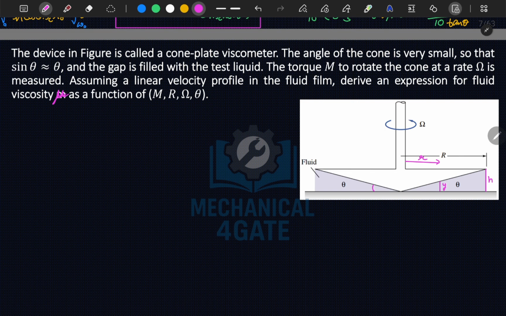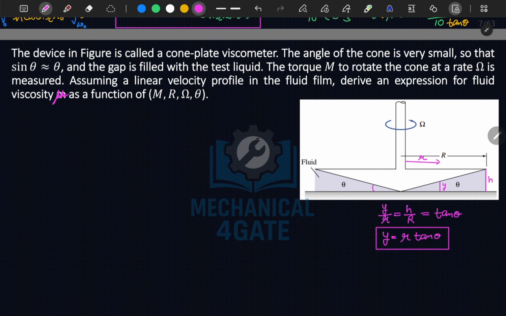From similar triangles, we can write y upon r is equal to h upon capital R. And if we consider this as theta, theta is equal to perpendicular upon base, which is tan theta. I hope you understood till here. So we can write y is equal to r tan theta.